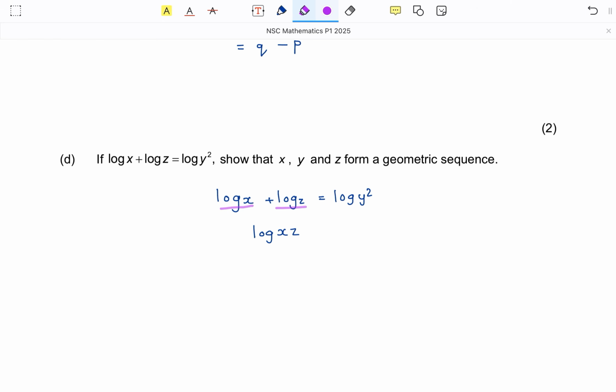And then because we still have the log y squared on the other side, we can now basically zoom in on the numbers at the back. So xz will then equal y squared, and that is more than enough to prove that this is a geometric sequence. So you can just stop there.